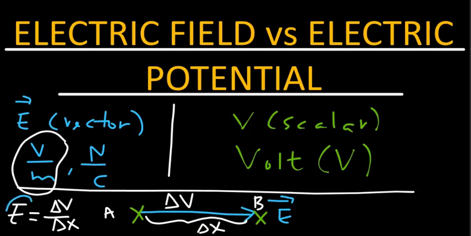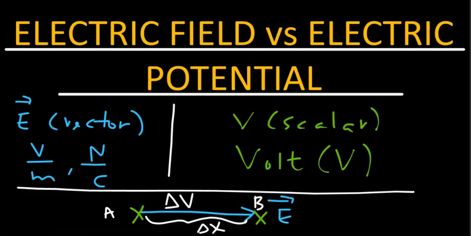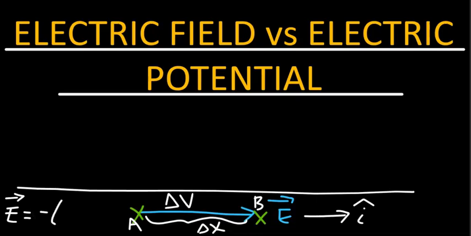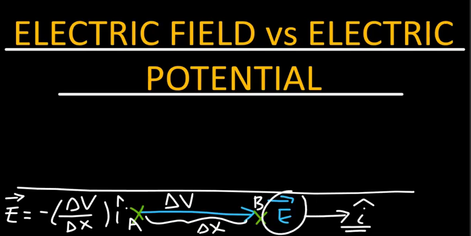That explains the unit volt per meter for the electric field. Note, I am writing the magnitude of the electric field. The complete expression that relates electric field to electric potential is as follows. The vector electric field equals minus the difference in the electric potential between A and B, over the distance between points A and B, times the unit vector i hat, if the electric field is heading along that direction.